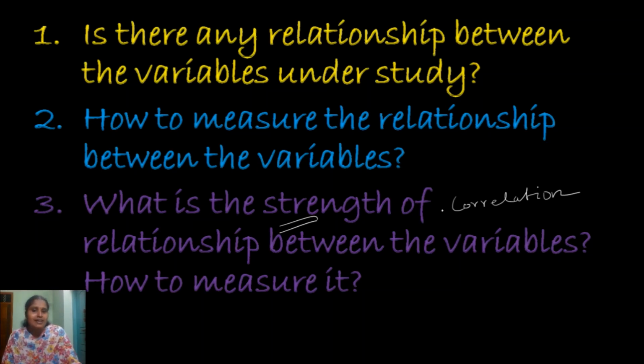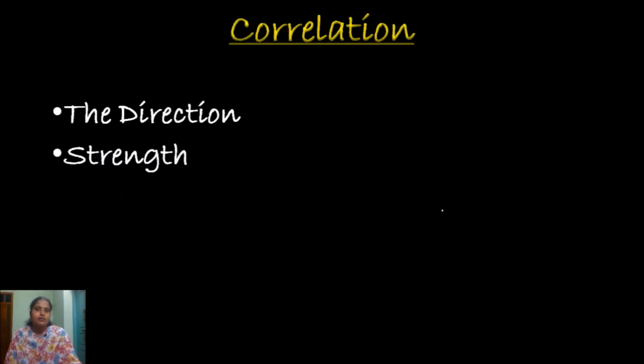So now let's have a brief discussion over correlation and let's come to a conclusion. Like covariance, correlation is also a measure of how the two variables are related to each other.